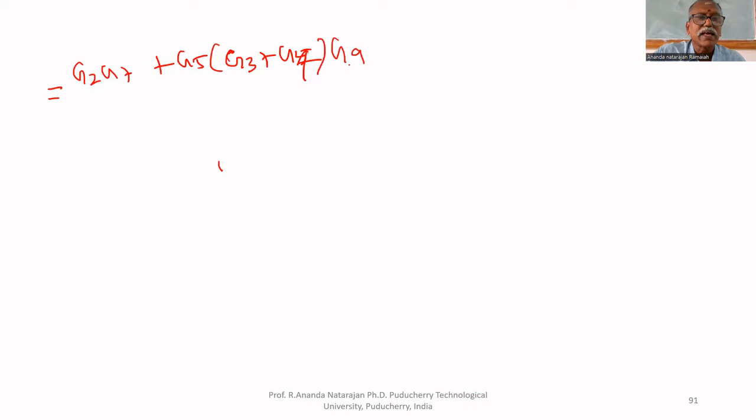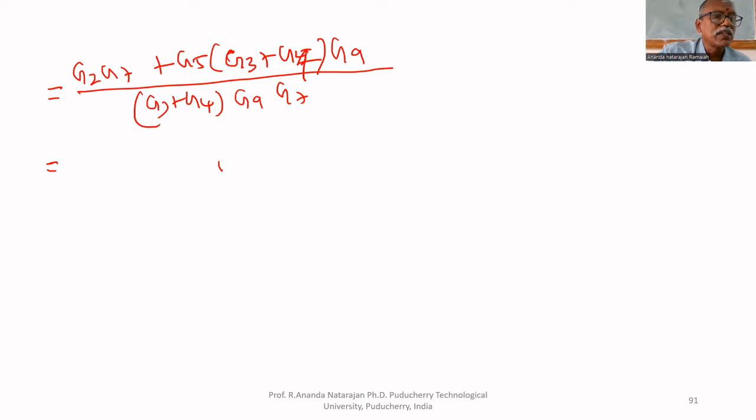If you simplify this, what you will get is G2 G7 plus G5 times G3 plus G4 multiplied by G9, over G3 plus G4 times G9 G7.